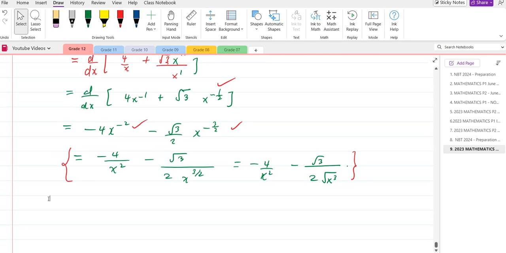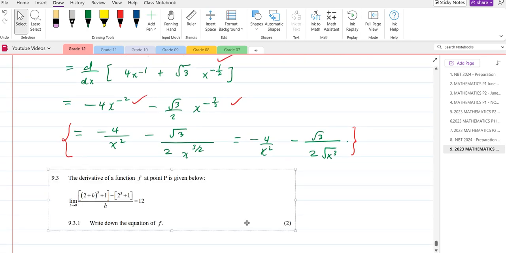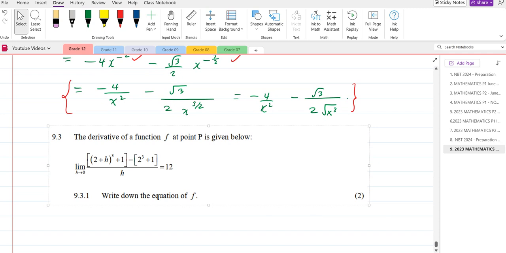I like the way the derivative is written. See there? The derivative is written in a nice way because you can clearly see the function. The derivative of a function f at a point P is given below.